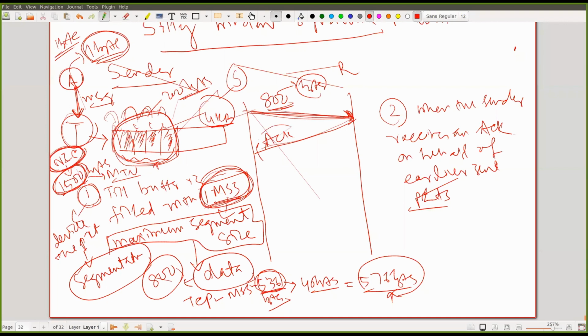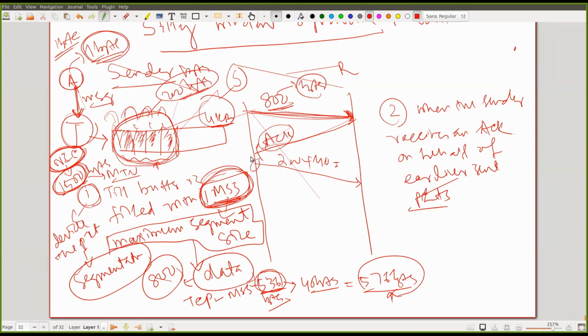In that case, I will not wait for one MSS to be filled. Rather I'll send whatever is filled at this moment, 200 bytes, so I send 200 plus 40 bytes of data to the other end.